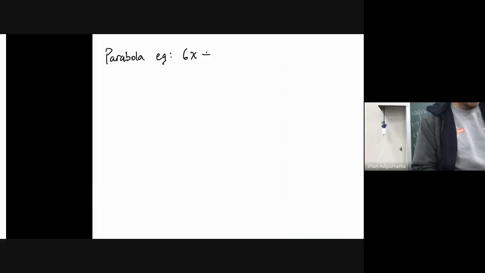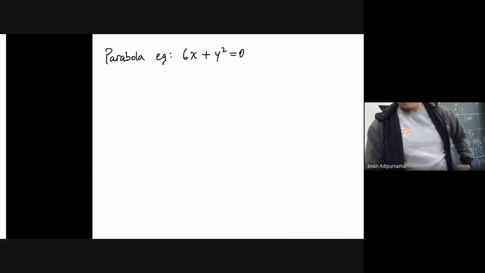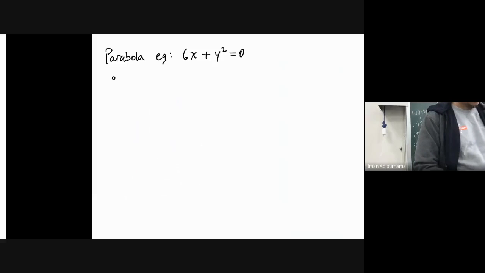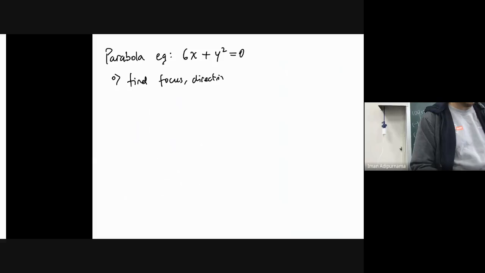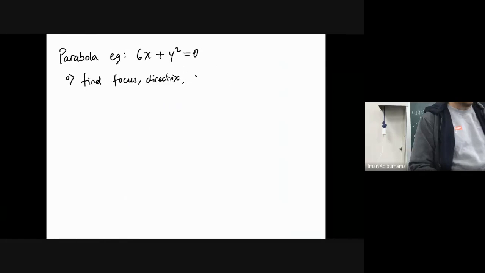Parabola equation: 6x plus y squared equals 0. Find the focus, directrix, and sketch the graph.